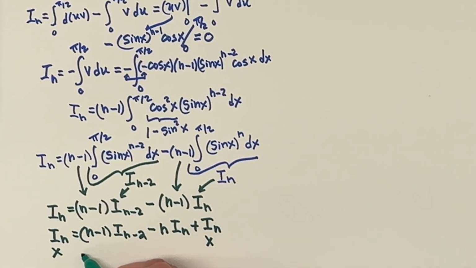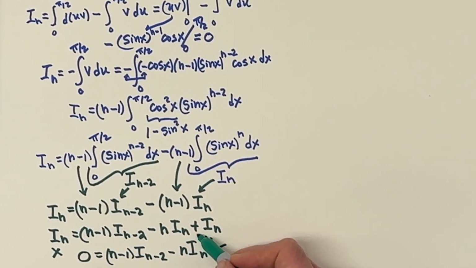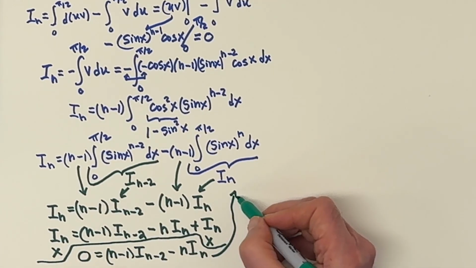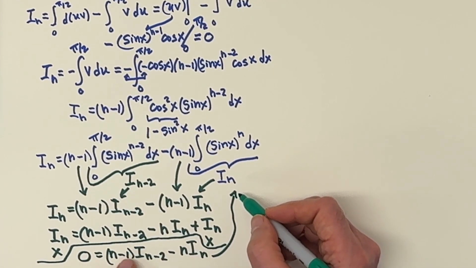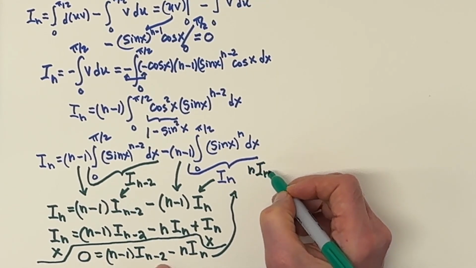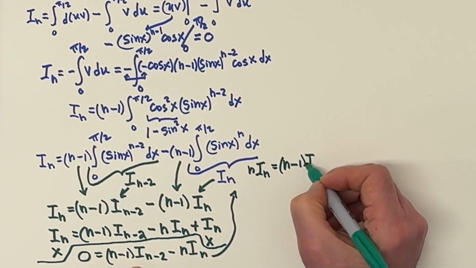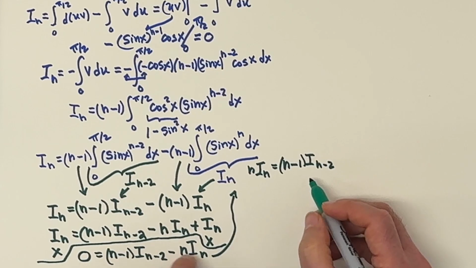So by canceling that, I'll have 0 equals n minus 1 I sub n minus 2 minus n I sub n. Let's go ahead and separate that out like that. And then this here, we can bring this on the other side of the equation and have n I sub n is equal to n minus 1 I sub n minus 2, like that.